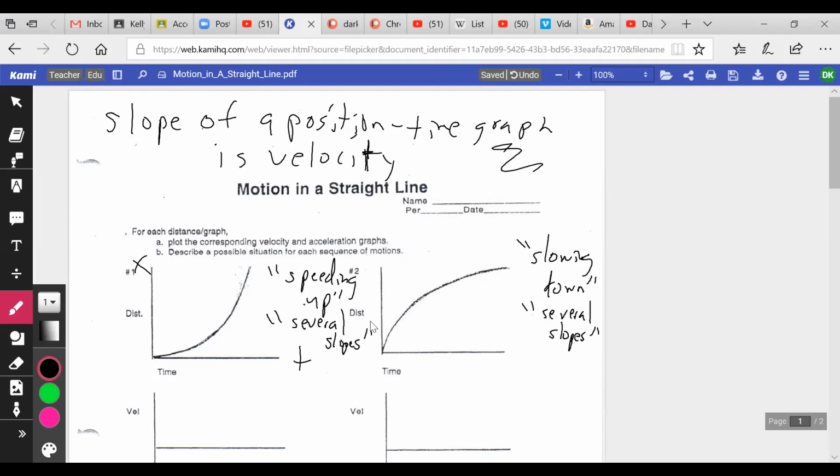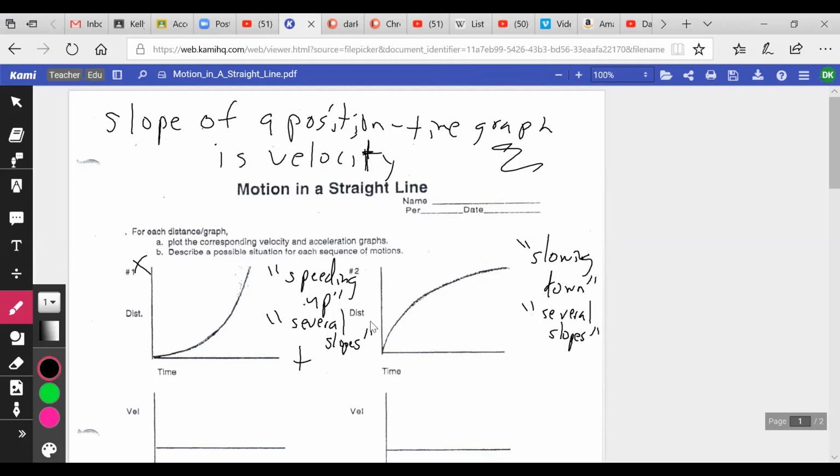There's also something happening with those slopes. We know that there are several. The slopes are actually going from a small value to a large value.